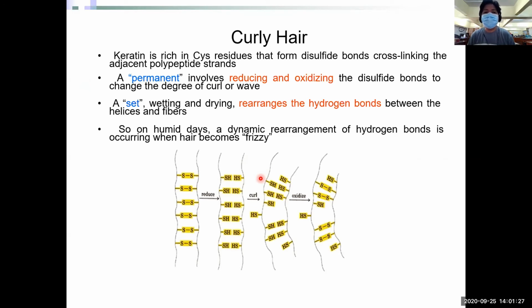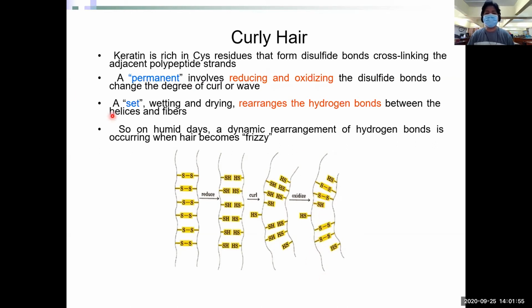So a permanent curly hair, for example, involves reducing and oxidizing the disulfide bonds to change the degree of curl or wave. So this is the permanent one. This permanent curly hair again involves reducing and oxidizing.